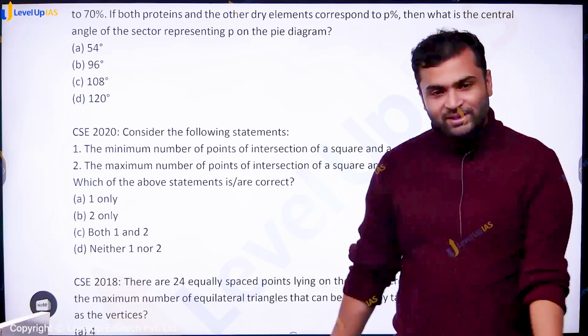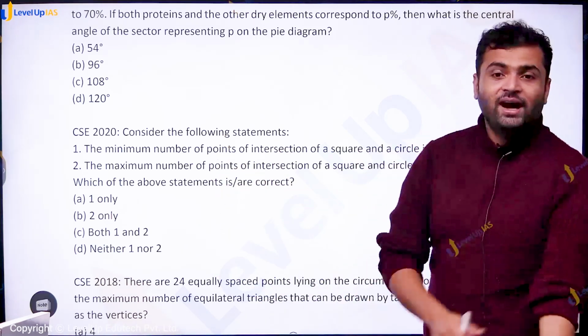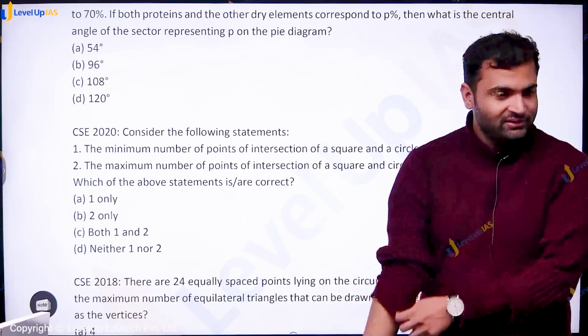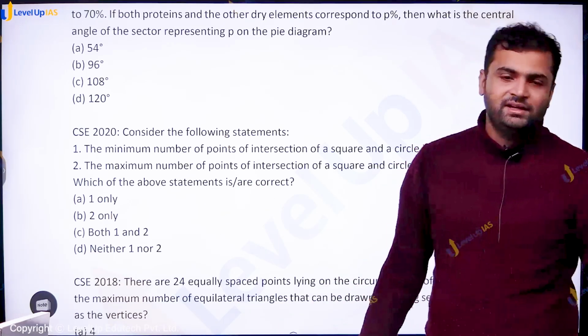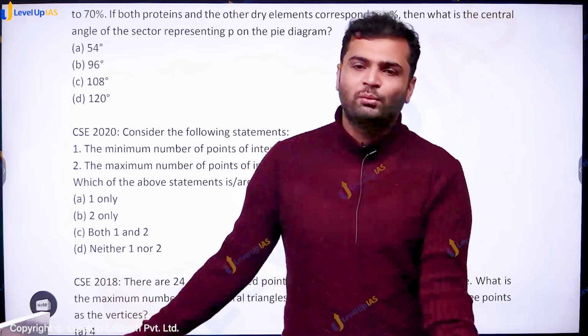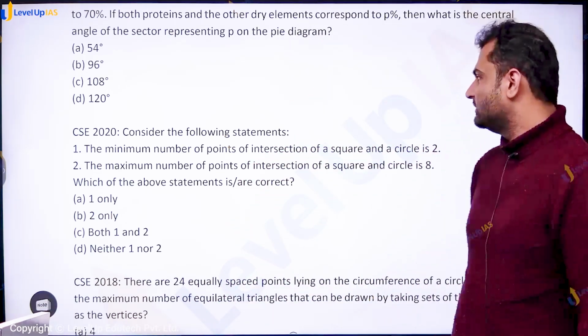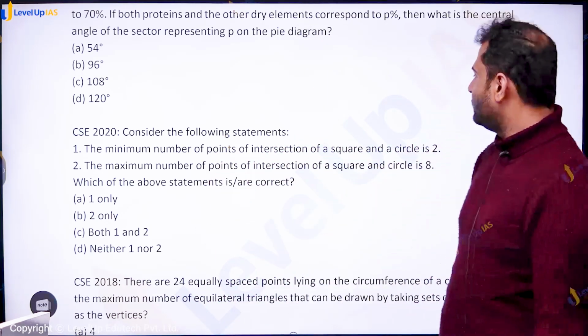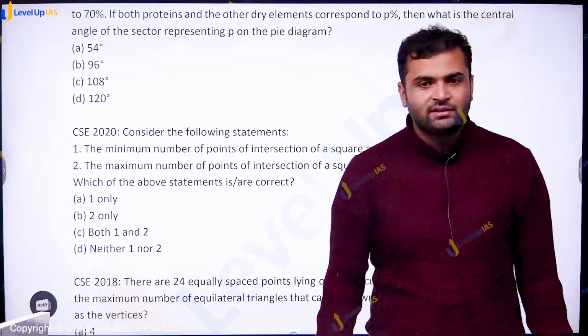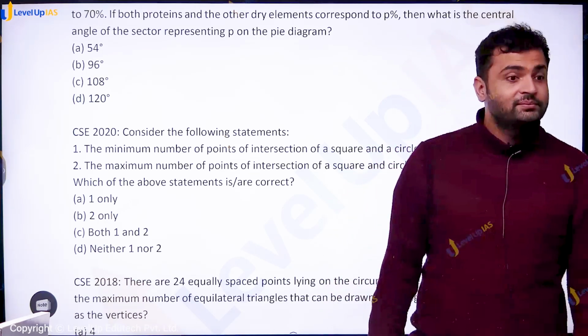Anyway, first statement is wrong. According to me, the minimum should be 0. But if the examiner has anything else in his mind, the answer would be 1, if he wants them to intersect. Maximum number of points of intersection is 8. Everybody agrees on this?